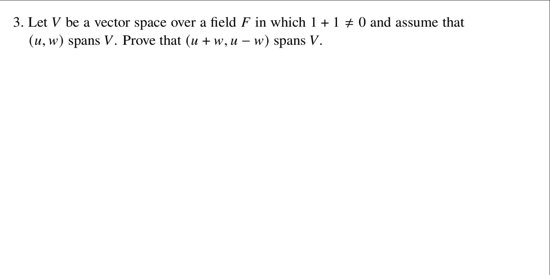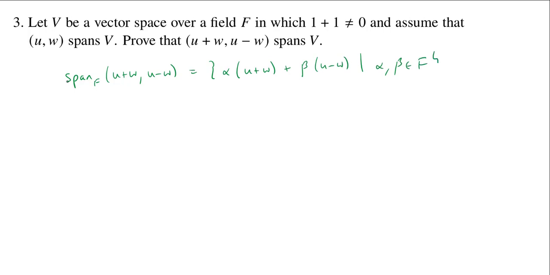So let's briefly recall what that means. If I want to show that V equals the span of u plus w, u minus w, what is that span? So the span of u plus w, u minus w is going to be all expressions of the form alpha times (u plus w) plus beta times (u minus w), where here alpha and beta are in the field.